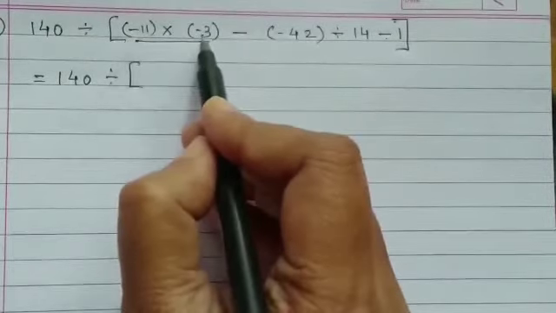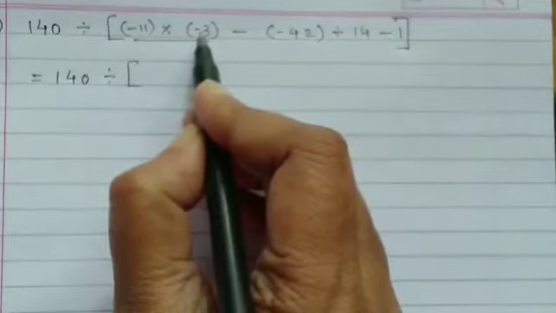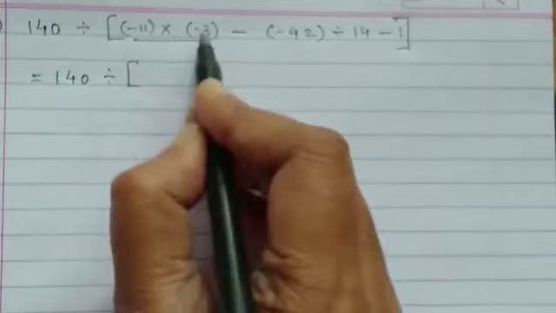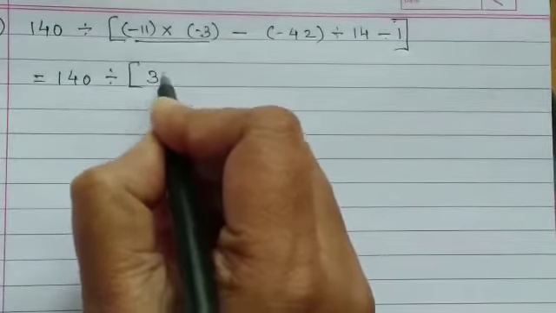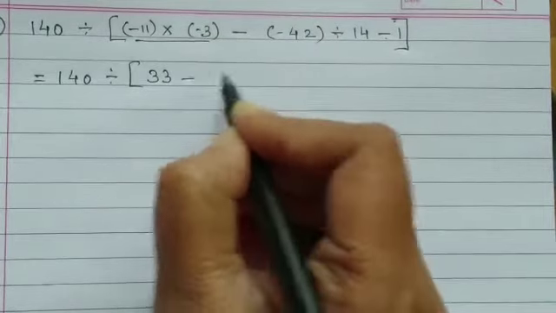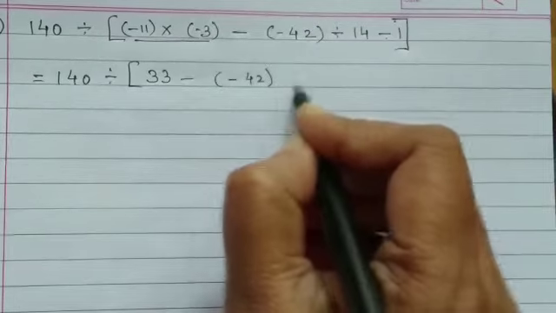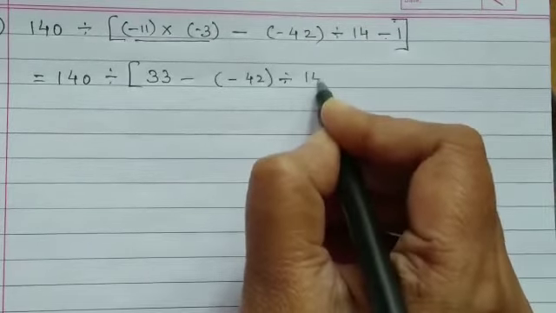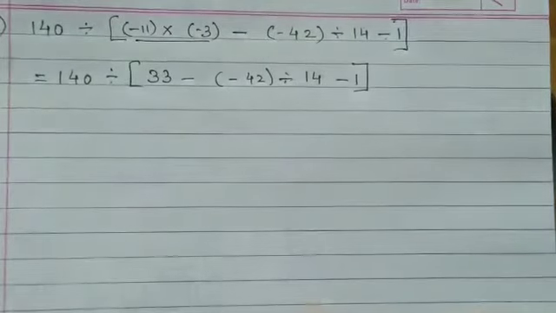Minus 11 multiplied by minus 3. Minus into minus will give you plus, and 11 into 3 will give you 33. So you will get plus 33 minus this minus 42 divided by 14 minus 1, and close the bracket.